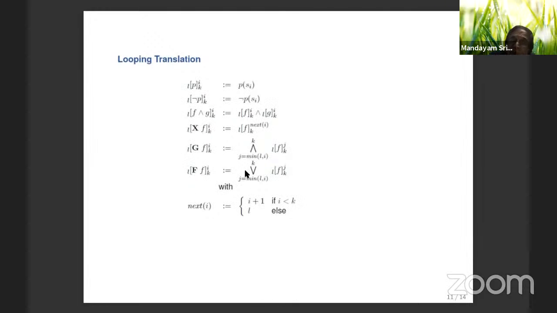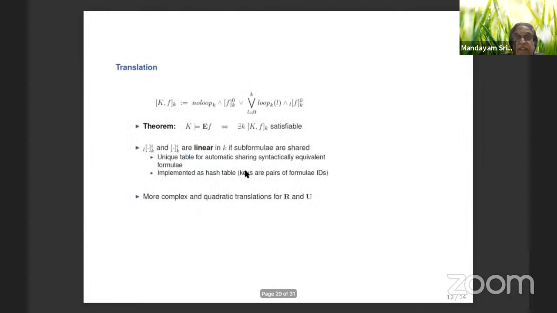But once you try a few examples, it becomes quite clear, and you will get a feel for the nested structure of those formulas. The two examples that I've given you are simple enough that you can actually do it. And you will see there is a lot of sharing. A lot of subformulas are repeated in this translation, and for just F, G, and X, these unary operators with sharing, the formulas are linear in the size of K.